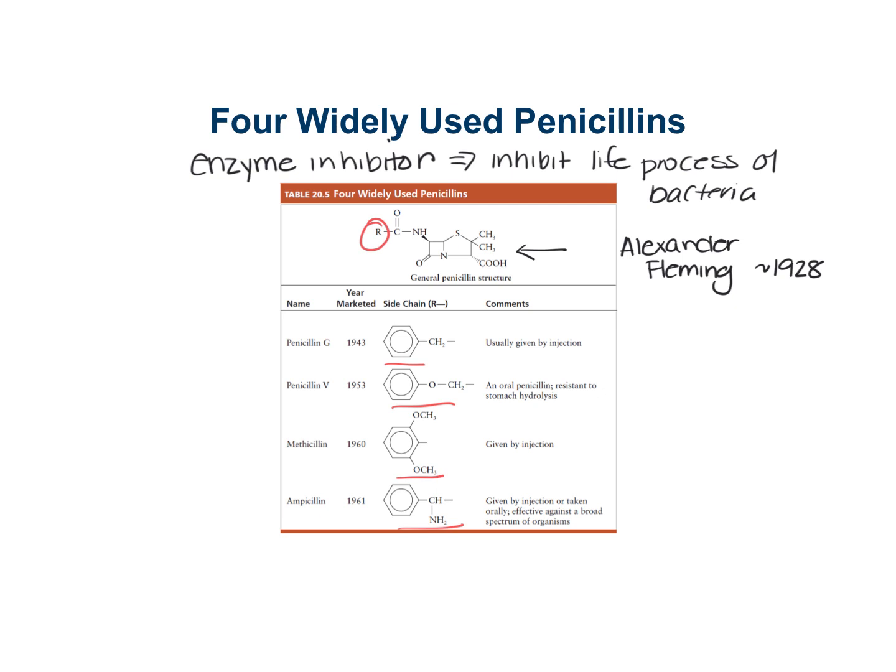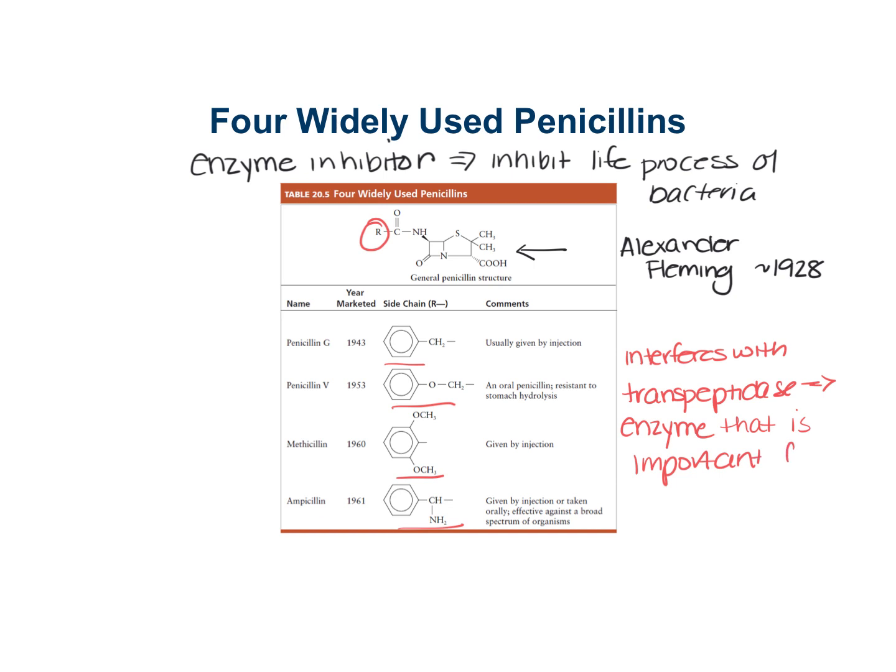So penicillin will interfere with transpeptidase, which is an enzyme that's important for bacterial cell wall construction.